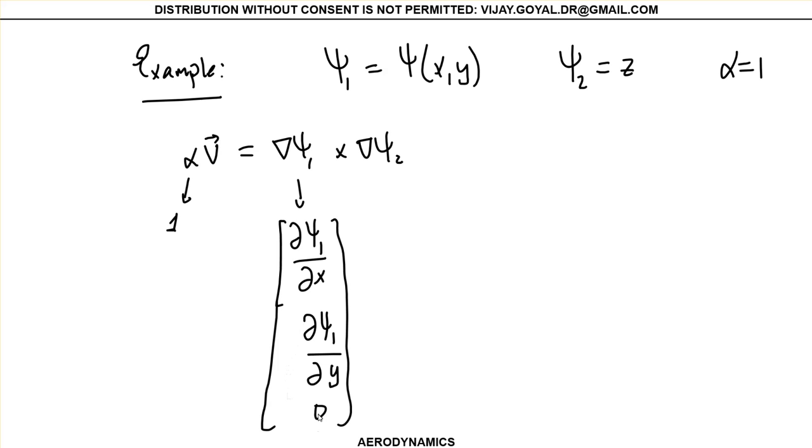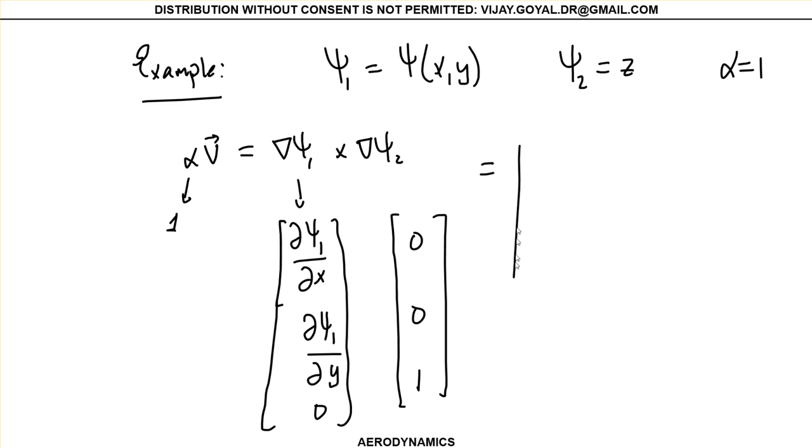The last component will be 0. For psi 2, the partial with respect to x is 0, partial with respect to y is 0, partial with respect to z is 1. So we will take the cross product of this, and the cross product will look something like this.